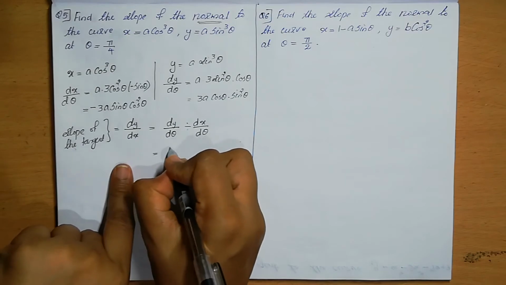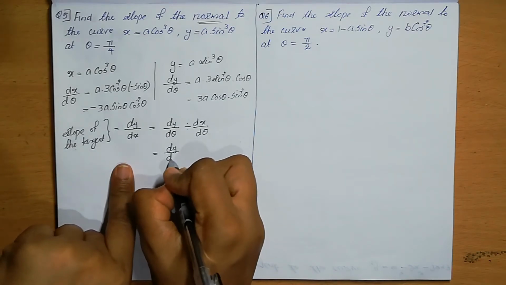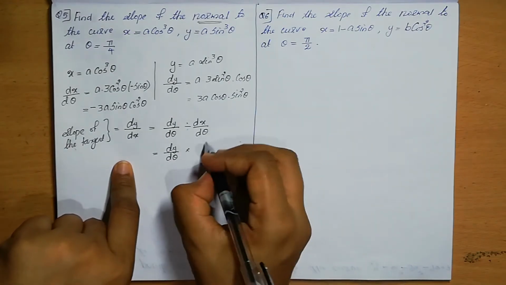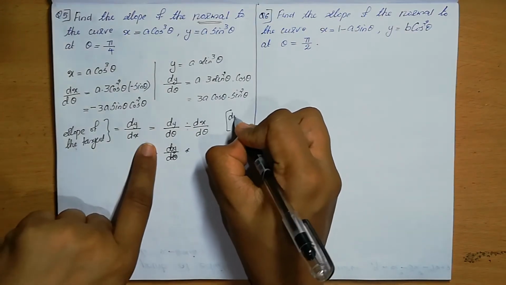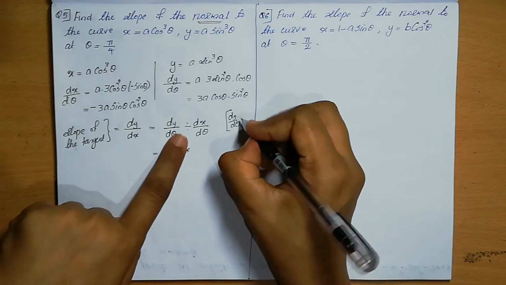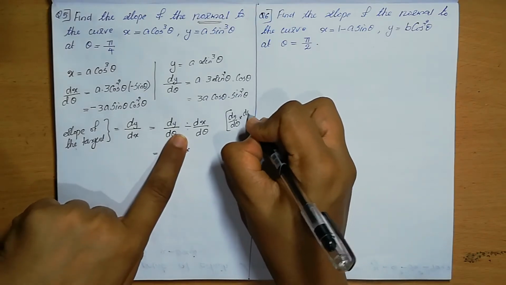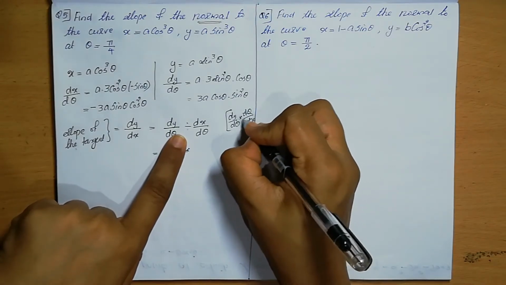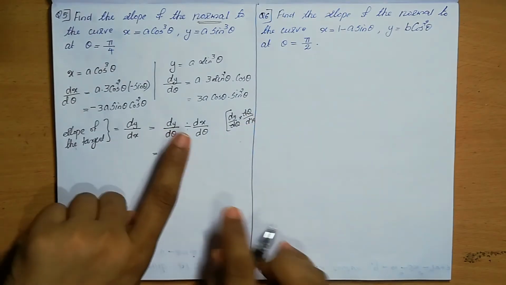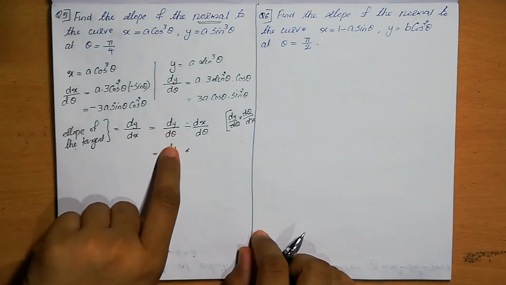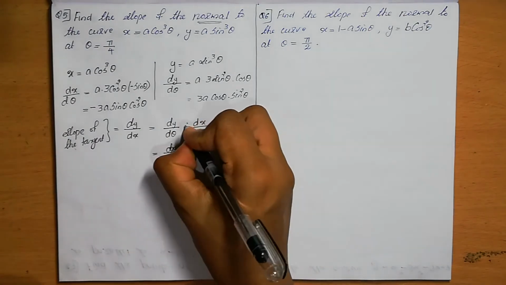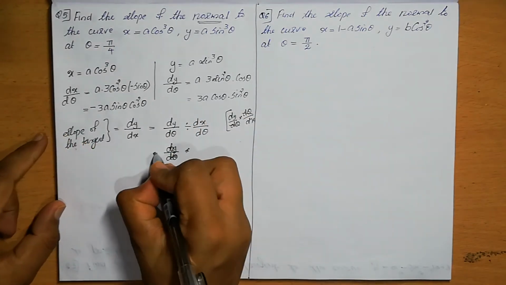Divide means we need to write the reciprocal, right? Dy by d theta into d theta by dx, the d theta cancels, leaving dy by dx only. So that's why we write dy by dx is the same as dy by d theta divided by dx by d theta.